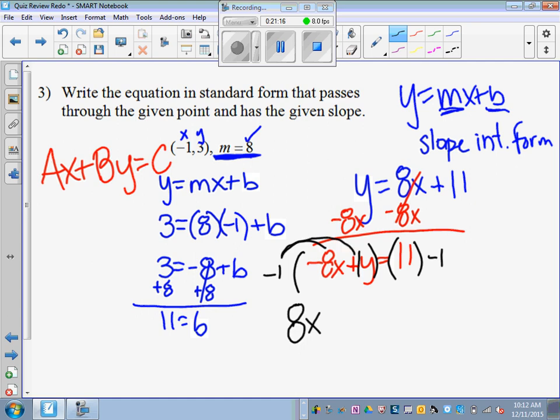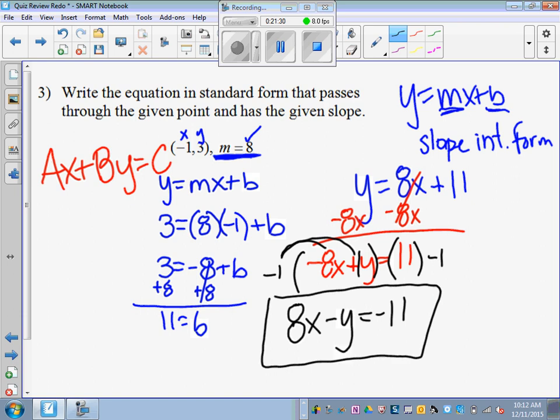Negative 1 times positive 1y is negative 1y, or we can just write negative y. And negative 1 times 11? Negative 11. Now there is a positive value in front. No fractions, no decimals. We're done. Yes, you can leave the 1.